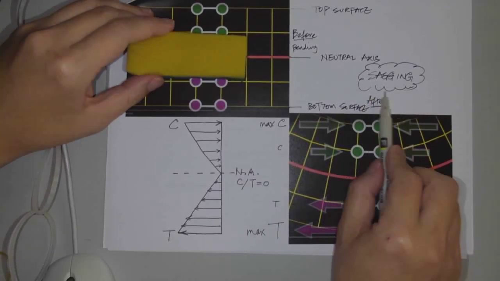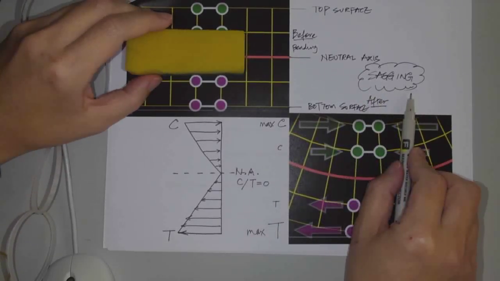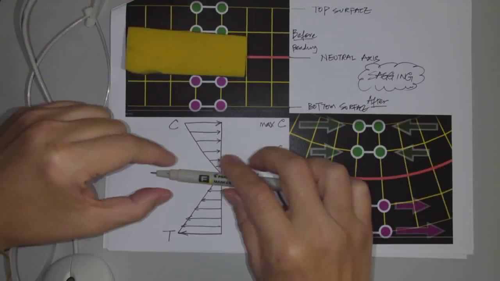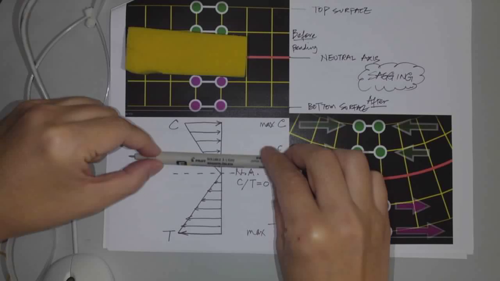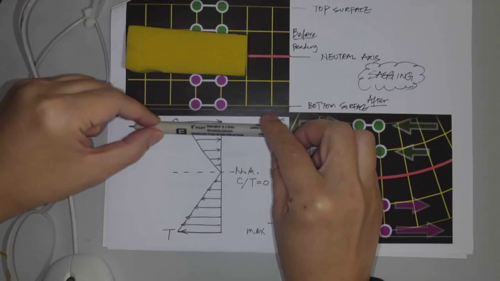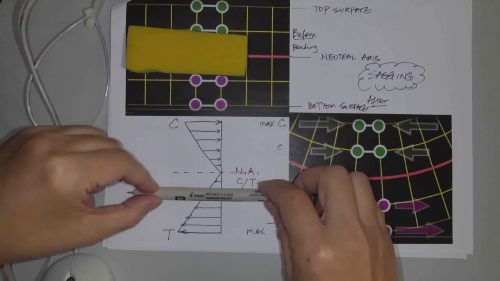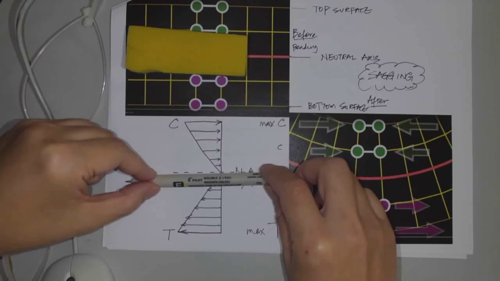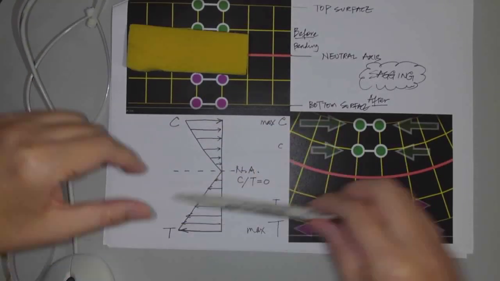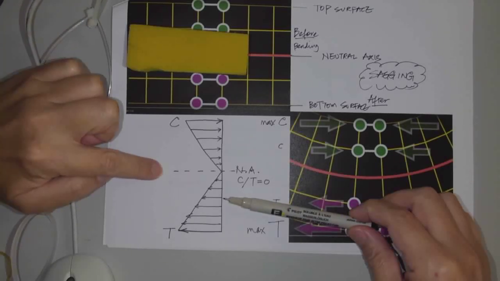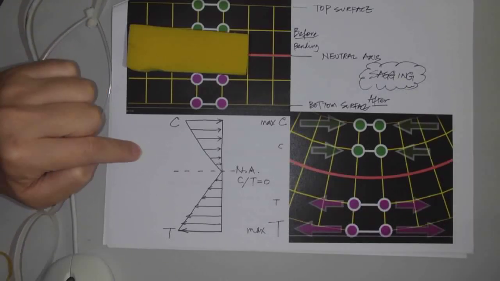If a beam is under sagging, then the top half of the beam is in compression and the bottom half of the beam is in tension. So half compression, half tension. That is sagging.